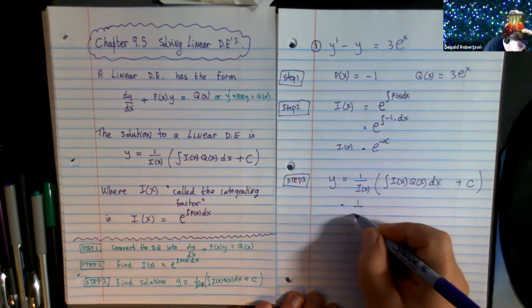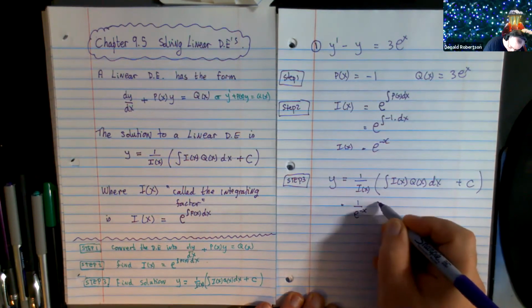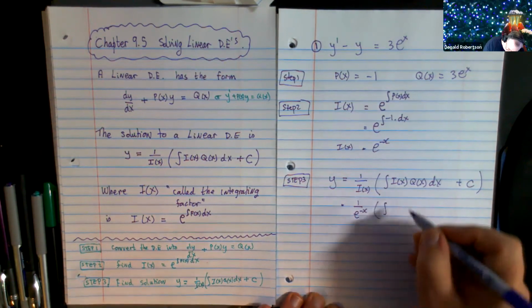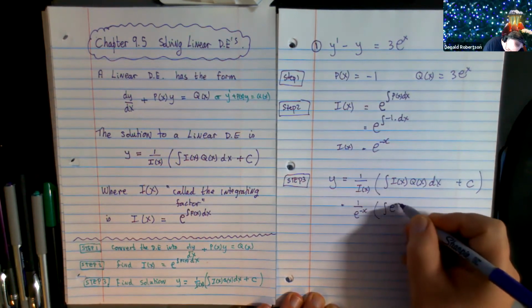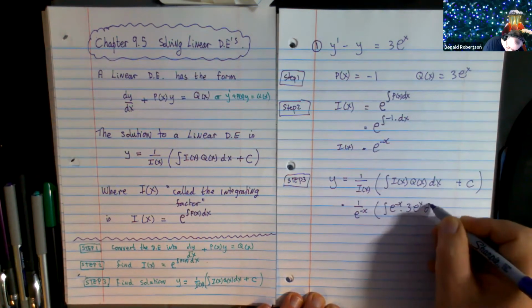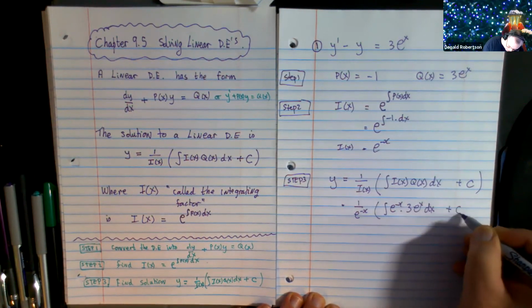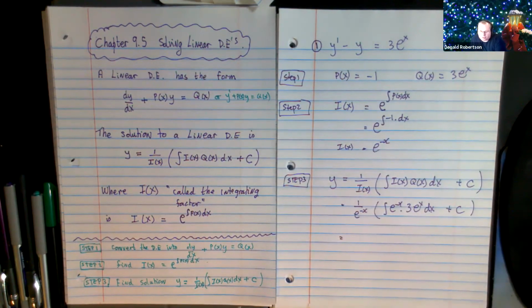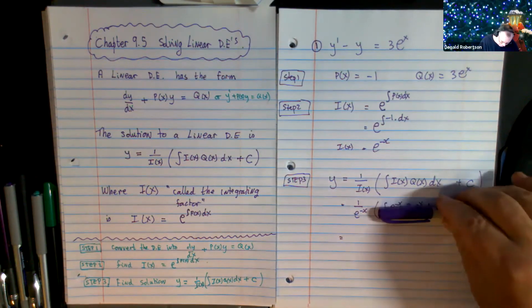One over e to the -x. No big deal. The integral of I of x times q of x dx, I'd say. Now, we should start thinking about style points here, right? Making things look pretty. Let's focus on just this little guy here.